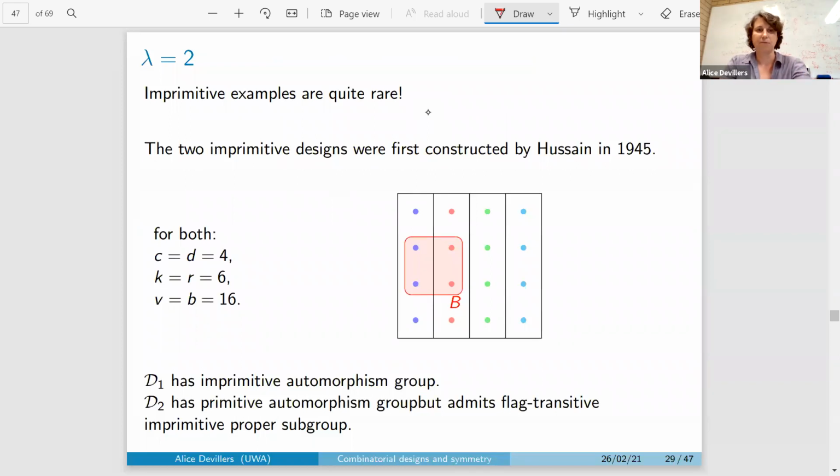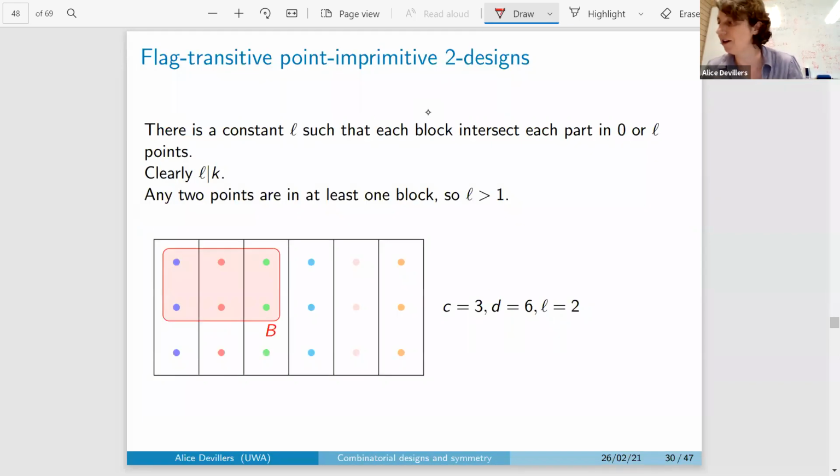So I'm going to skip this because I don't have that much time. So what does a block look like for a flag-transitive point imprimitive 2-design? Well, a block would look like something like this picture. I'm transitive on blocks, and among a block, I'm transitive on the points in that block.